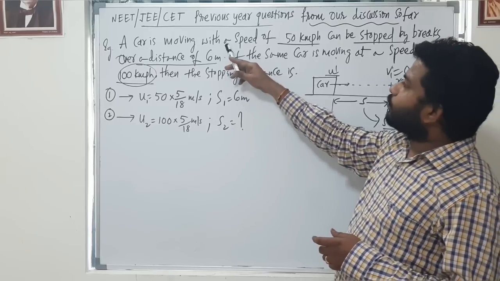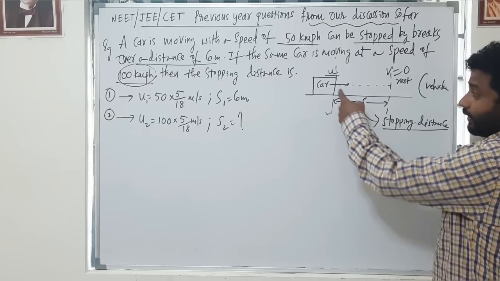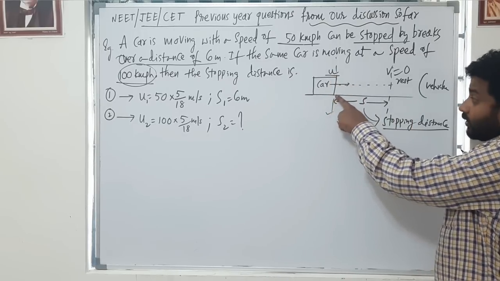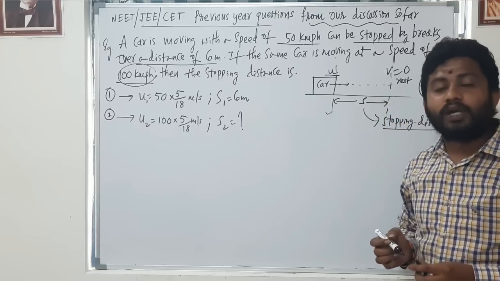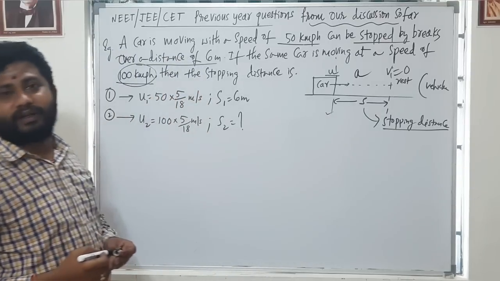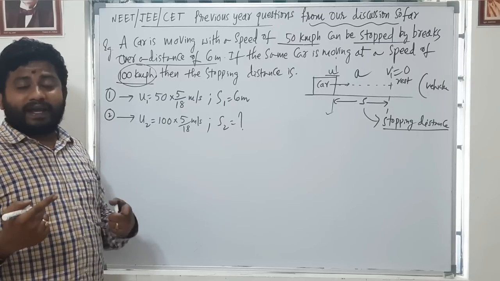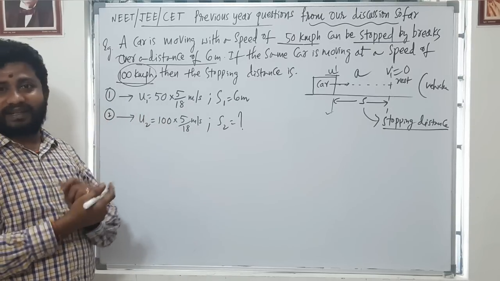A car is moving with a speed of 50 kilometers per hour. If the brakes are applied, the car will come to rest with uniform retardation, say A. Equations of motion can be applied when a body is moving with uniform acceleration or uniform retardation.